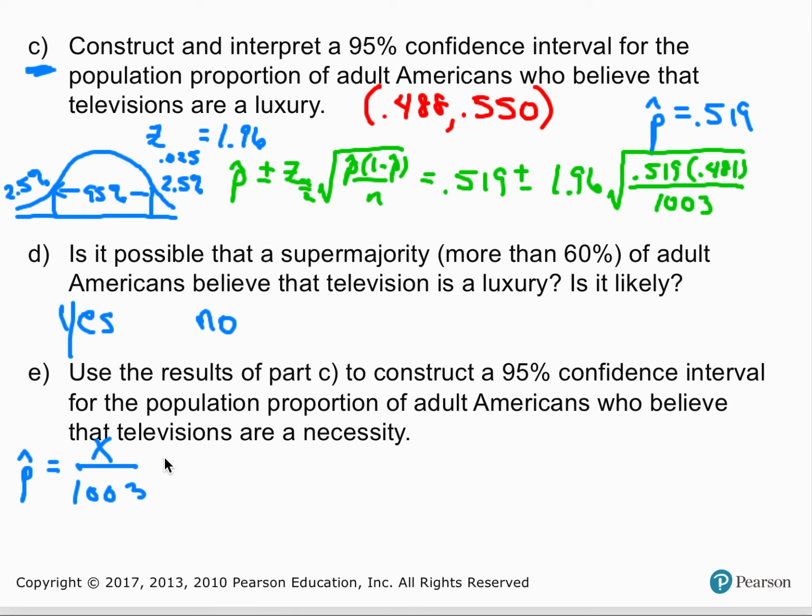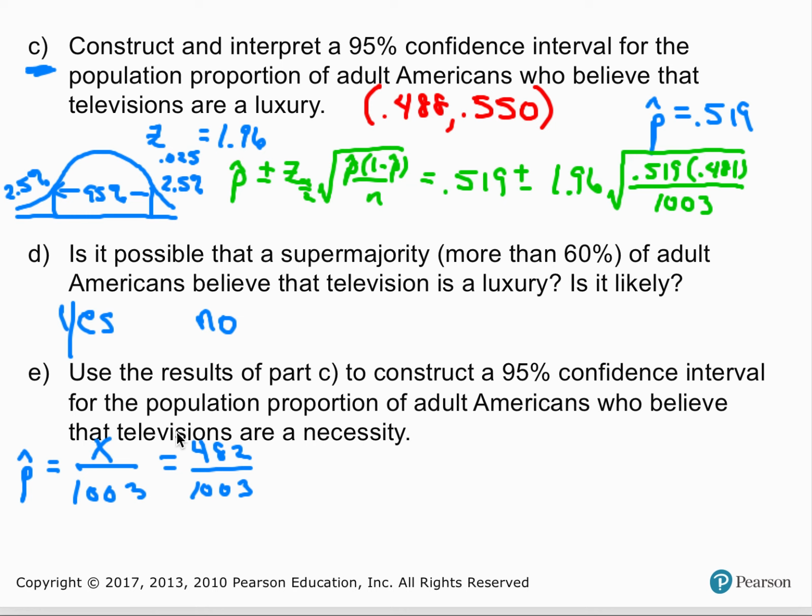Okay, so that was 521, that was... 482, that's not. Okay, it's kind of difficult to do these when they're on two different pages and you forget your information. But okay, it said we did it to start with on 521 out of 1,003 said that they thought it was not a necessity and it was just a luxury.